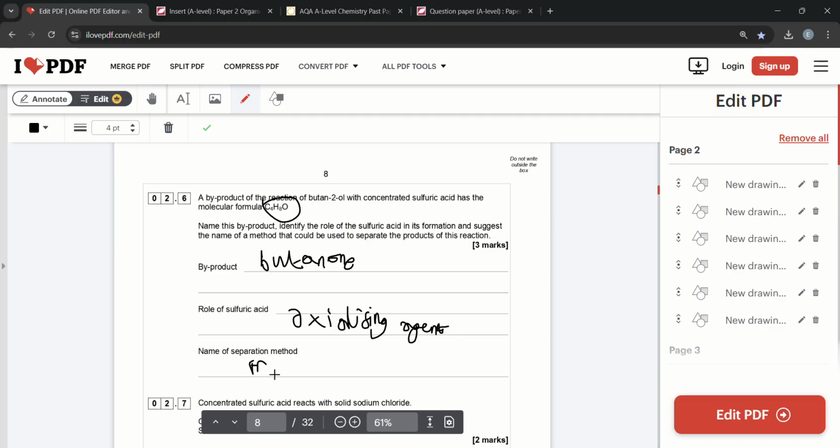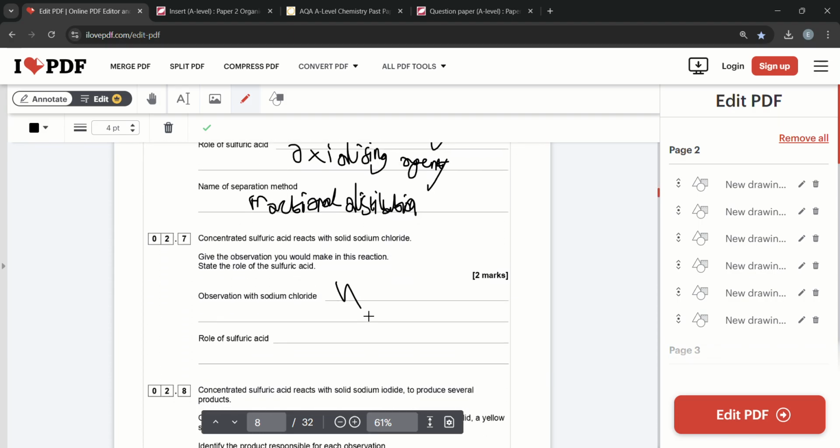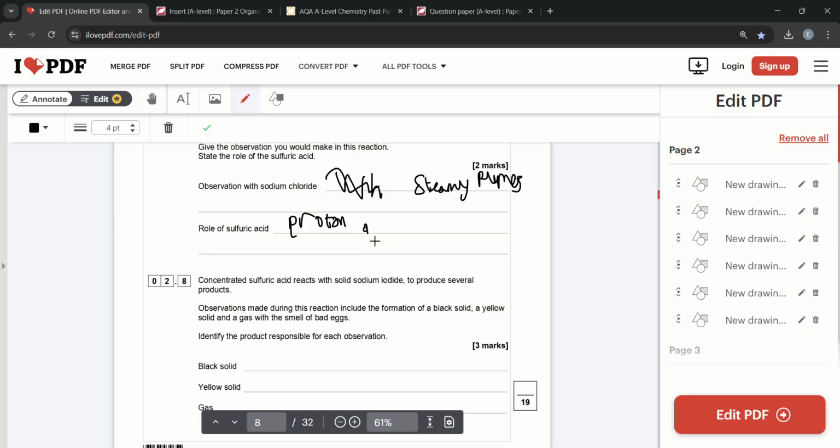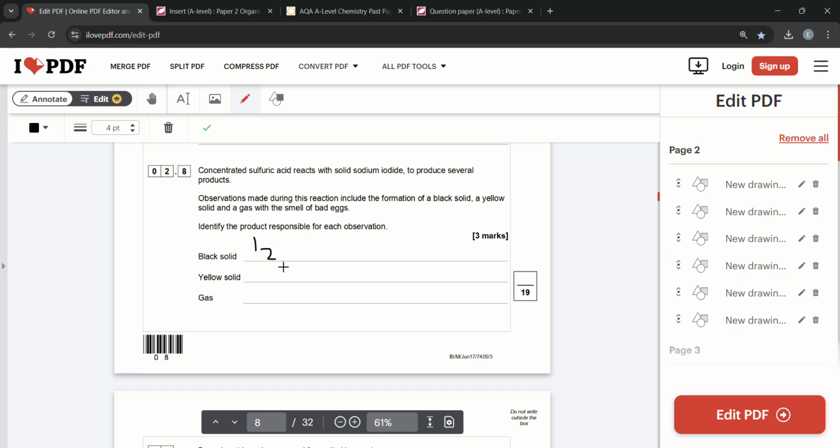Name a separation method, fractional distillation. Iodine, sulfur, and hydrogen sulfide.